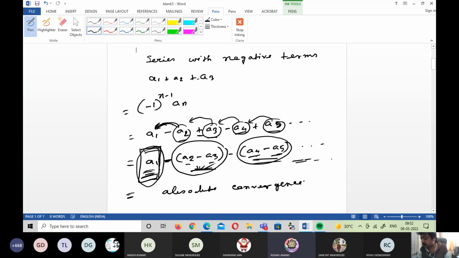Sir, it can go to minus infinity also. So why are we concluding that? Because this is a finite value. But adding negative terms can lead to minus infinity also.